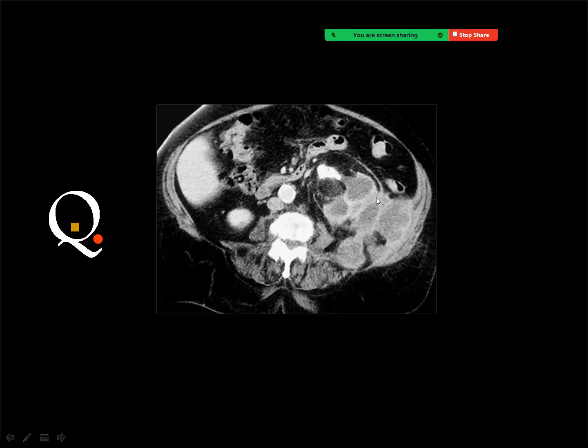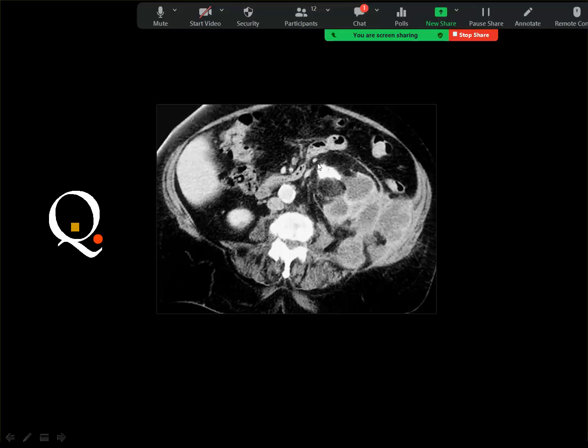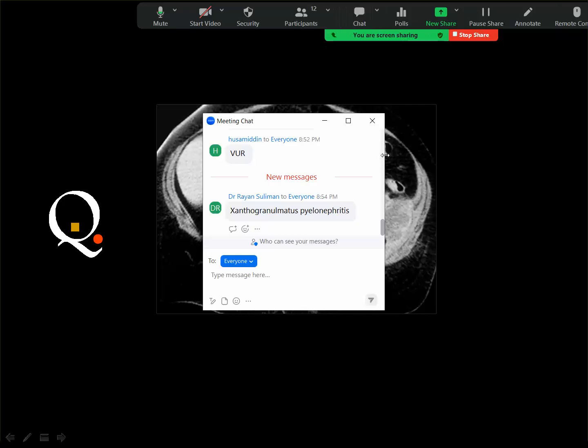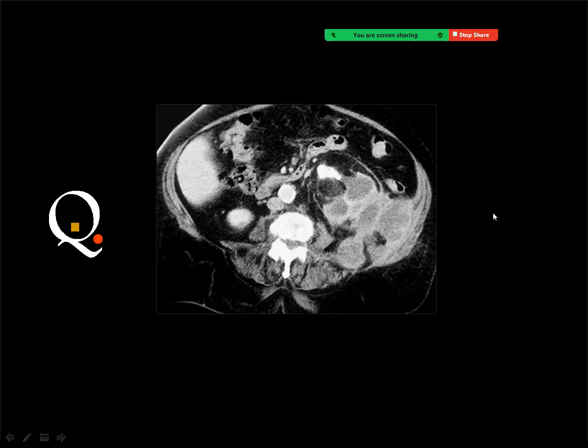Okay, if you look carefully here, you see that this is the left kidney, which is enlarged and mostly replaced by fat, with a big radiopaque stone in the renal pelvis, and xanthogranulomatous pyelonephritis is a good answer, but you should mention that the inflammation has extended into the perinephric, paranephric, and in the posterior abdominal wall in the form of multilocular abscesses.